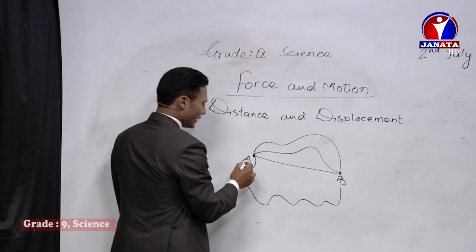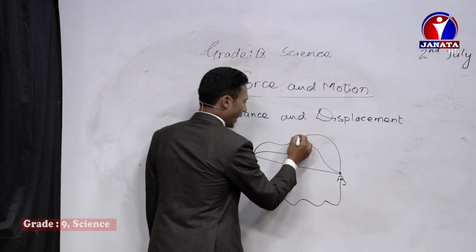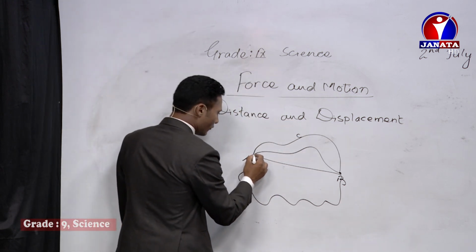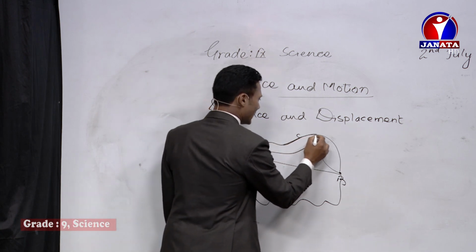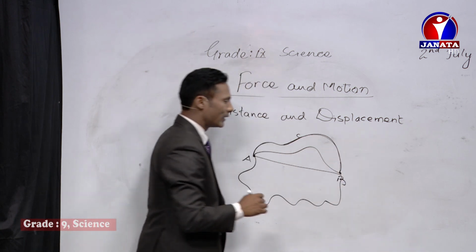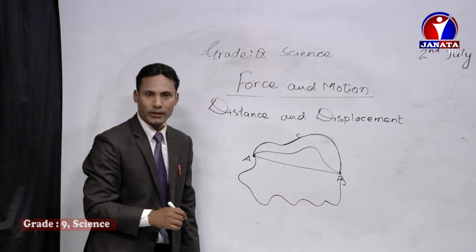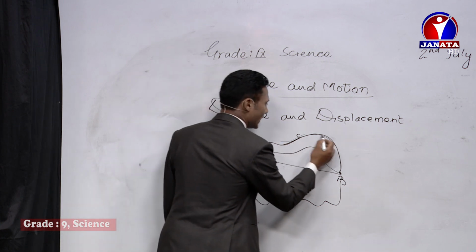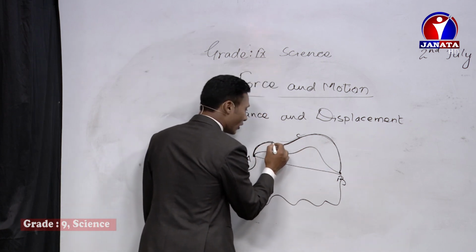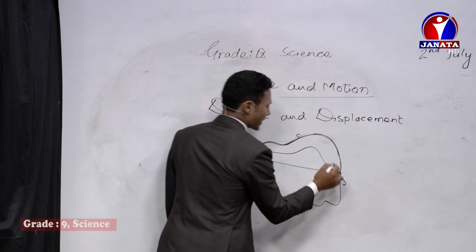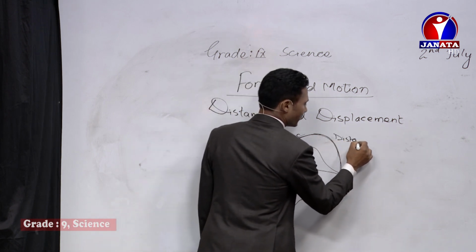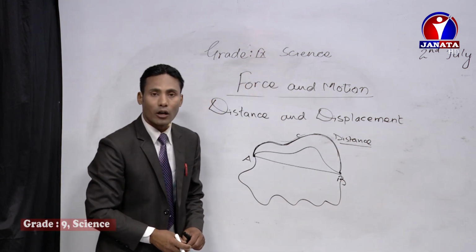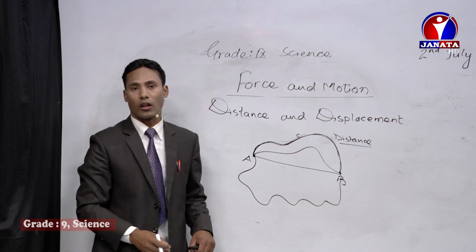If I travel from A to B with the help of path C, let's say, then when I travel from A to B through C, the total length of the path covered is known as the distance.